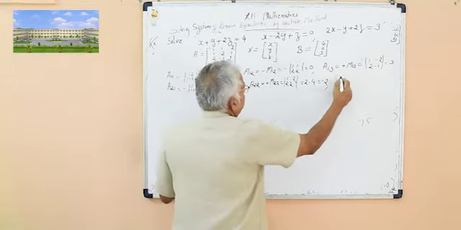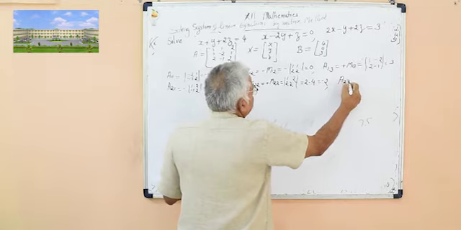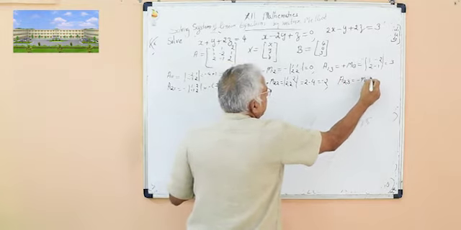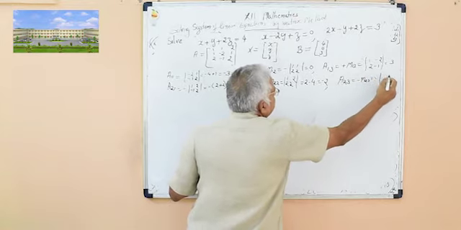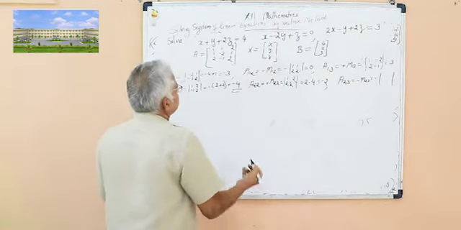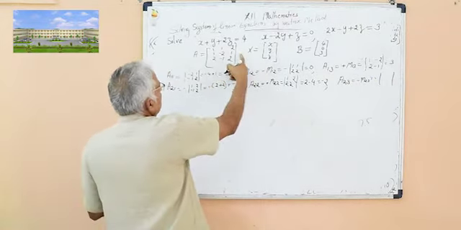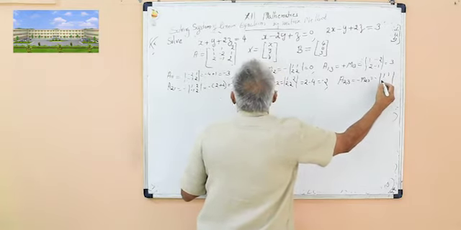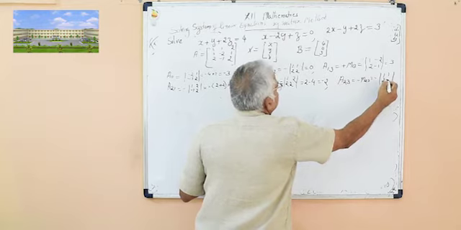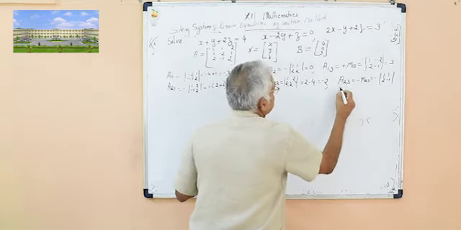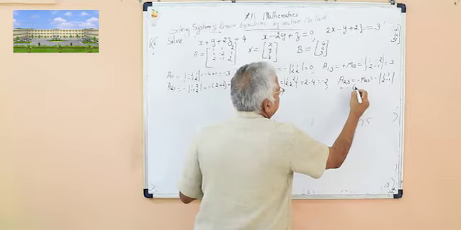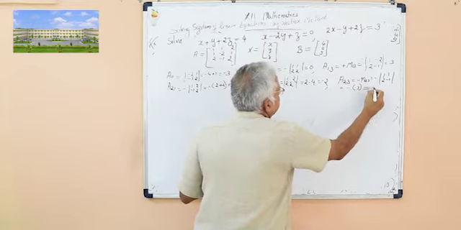Again, A23 has a negative sign, M23. Delete the second row and the third column: 1 into minus 1 minus 2 into 1, the result is minus 1 minus 2, equal to minus 3, so A23 is plus 3.